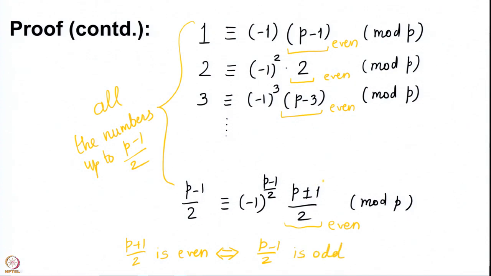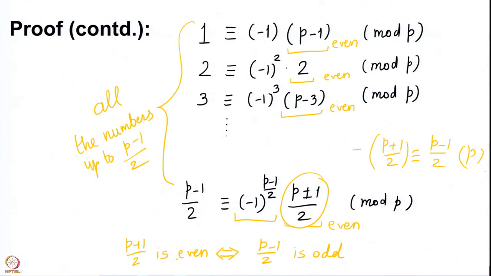So, when I have (p plus 1)/2 here, this is going to be minus 1 because it is minus 1 to the power an odd number, and I am indeed going to get minus of (p plus 1)/2 to be (p minus 1)/2 modulo p.